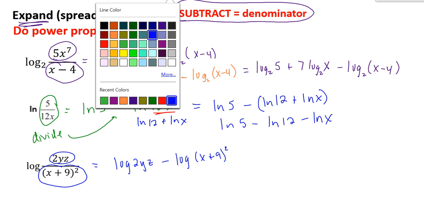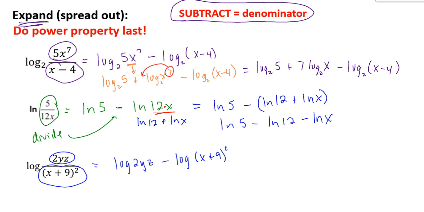Okay, looking at that, my favorite property here is when there's a power, it moves out in front. It doesn't matter what this thing is. If there's a power, you move it out in the front. So this is now 2 log x plus 9. And this one's still there. Okay, and then I'm looking to see if it goes further.